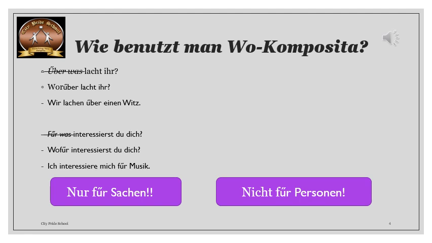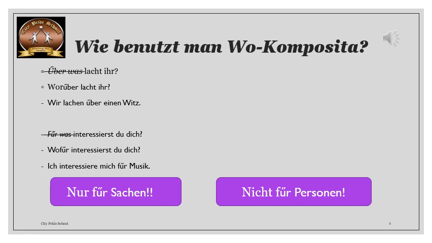It is not allowed. We never use über was. We have to use worüber, wo plus preposition, and as the preposition über is starting with a vowel, we have to add r in between. Worüber lacht ihr? Wir lachen über einen Witz. Here einen Witz, meaning joke, is an object, that's why we have used worüber.